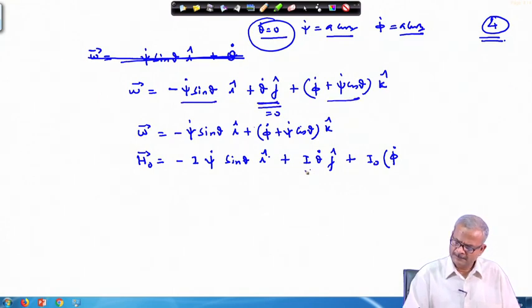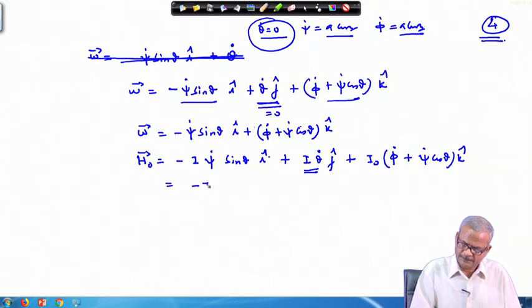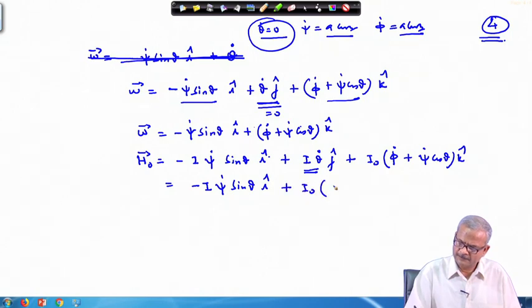Here, because theta dot is 0, this particular j term will drop out. So, what we get here is I times psi dot sin theta times I cap plus I 0 phi dot plus psi dot cos theta times k cap.